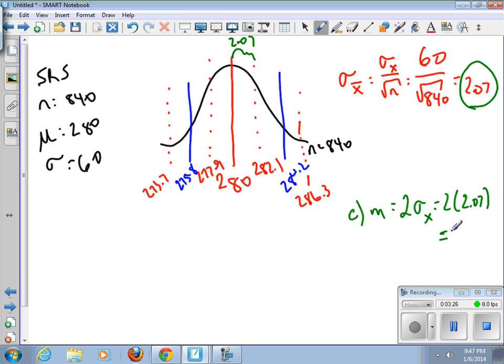So it's about 4.2 or 4.14 something, depending how you round. And finally, it tells me to mark that on here. So that's this. That's 2 standard deviations, which accounts for 95%. And finally, I'll change this to 2.14.